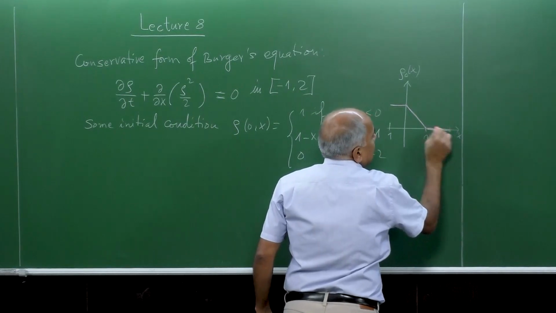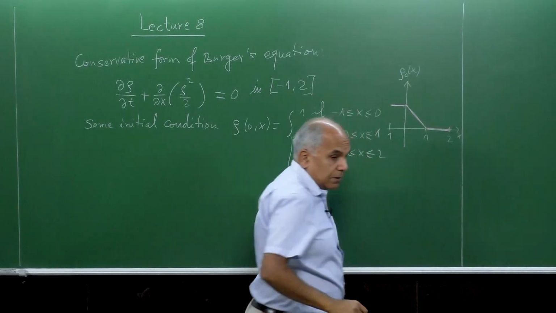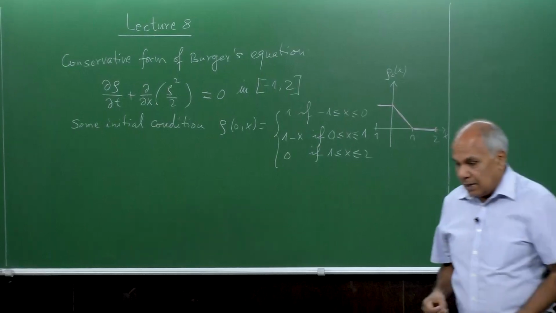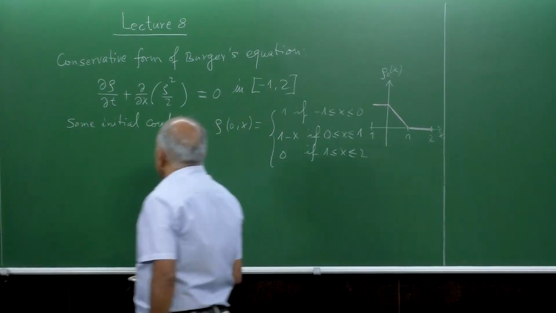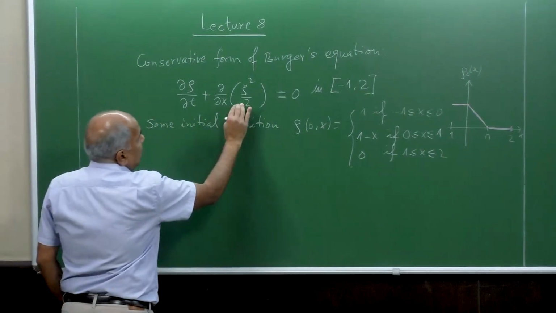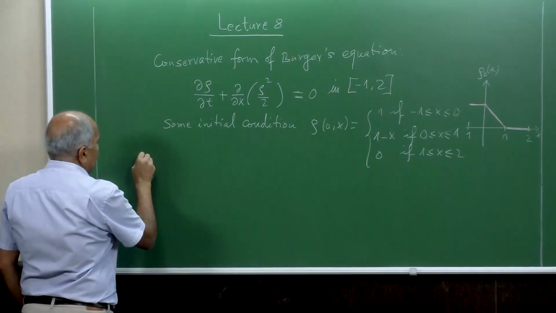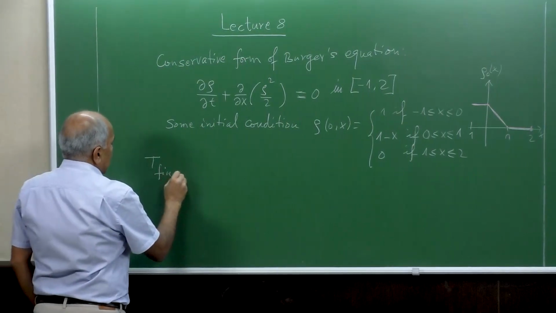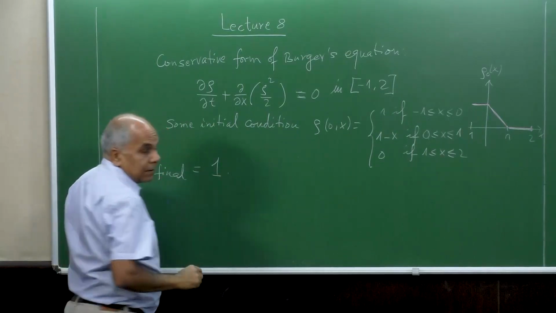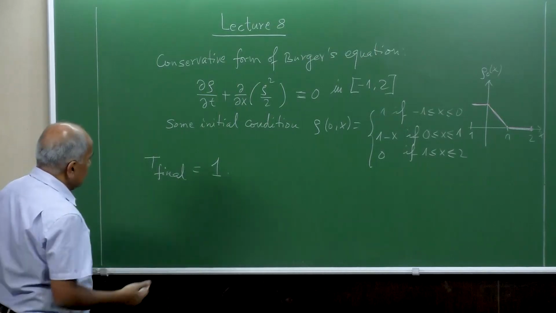I am using more or less the same example so that you will be reprogramming, writing your own code of what I have produced. And now this is our flux. Here our final time t final is equal to 1. After 1, we cannot have any solution.